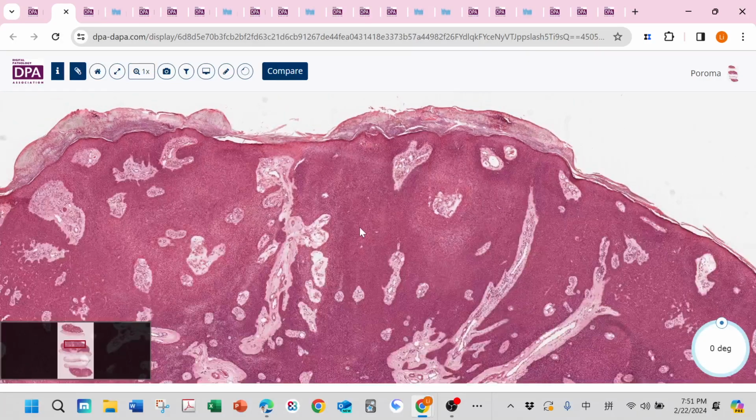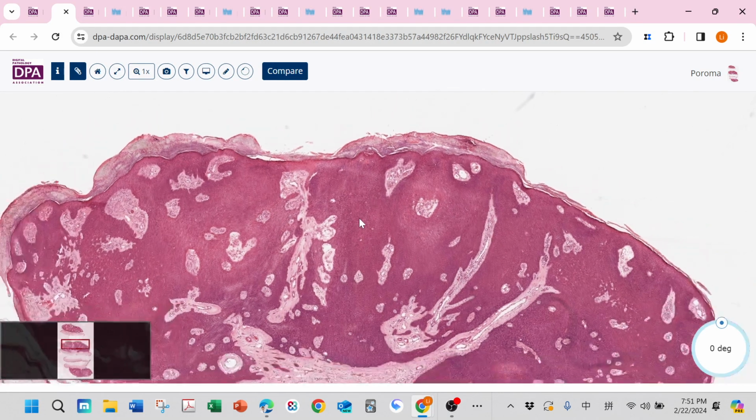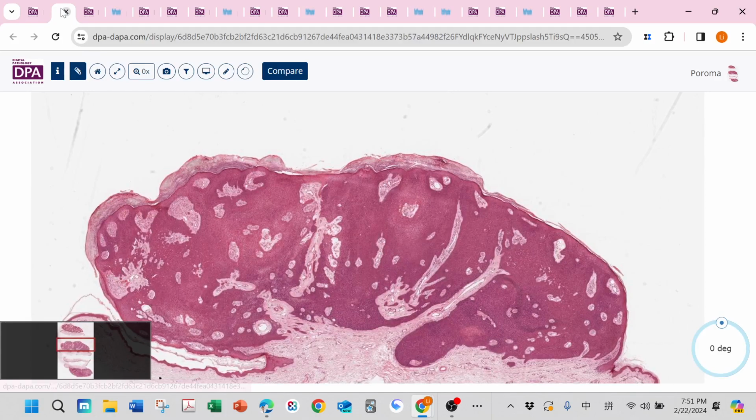So I think this is one of the helpful markers, but the sensitivity is not really good. It's around 60%. So if you want to prove this is poroma, positive is helpful. But if negative, you just cannot rule it out.